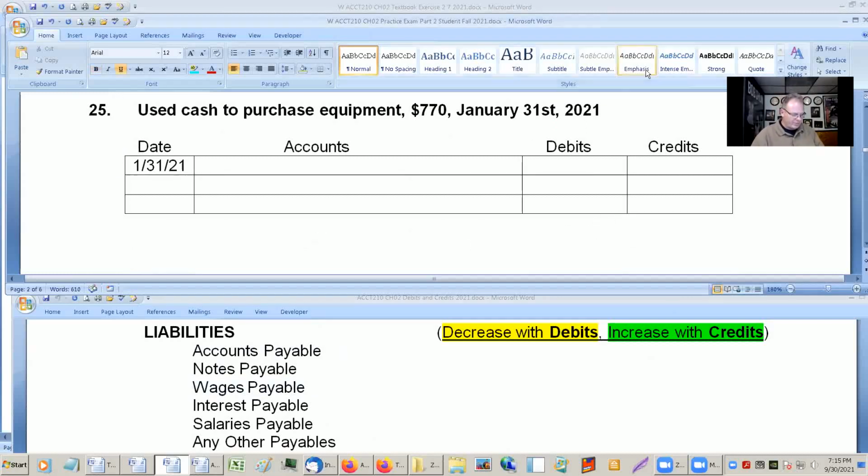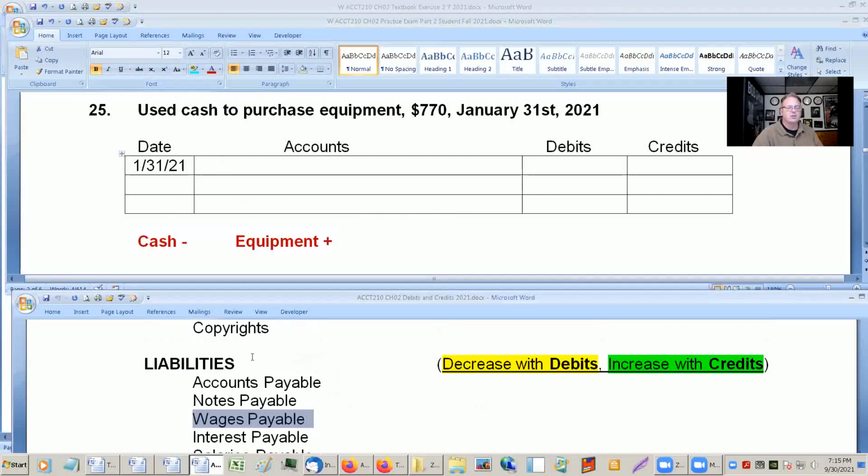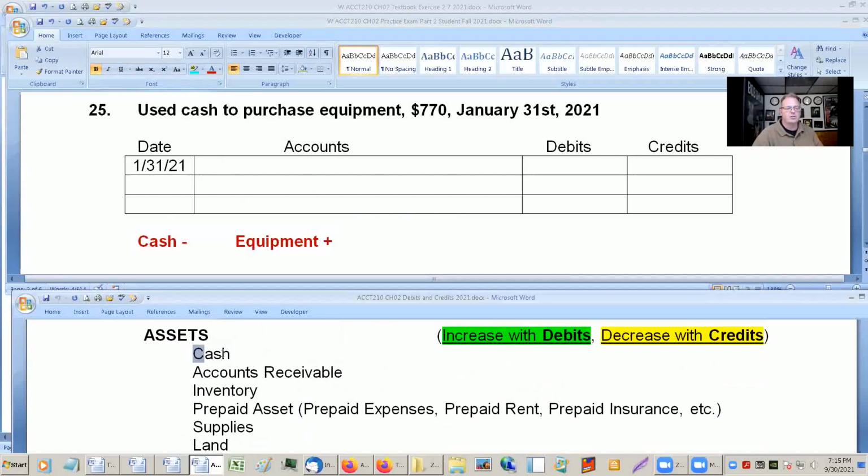Okay, use cash to purchase equipment. Cash and equipment, easy. Cash going up or down? Cash is decreasing. Equipment will go up. Here we have cash.